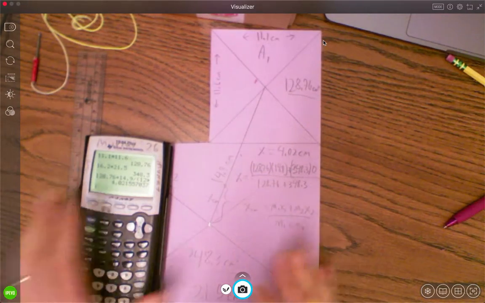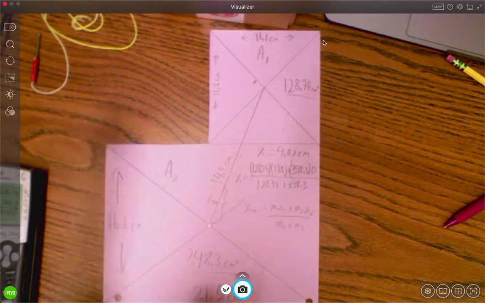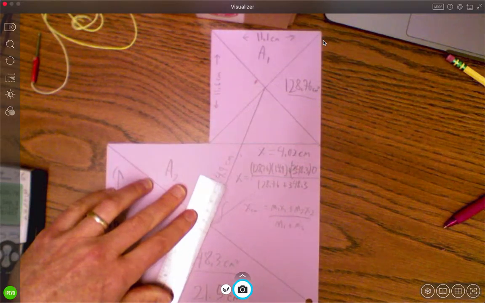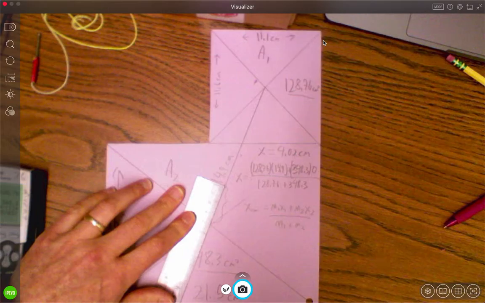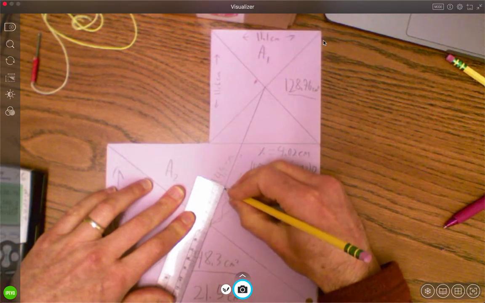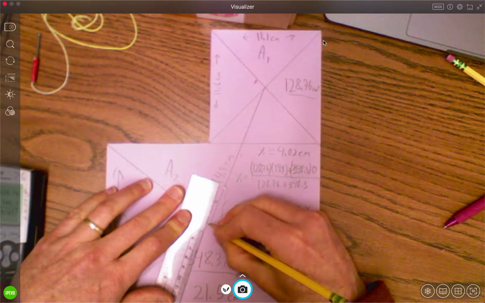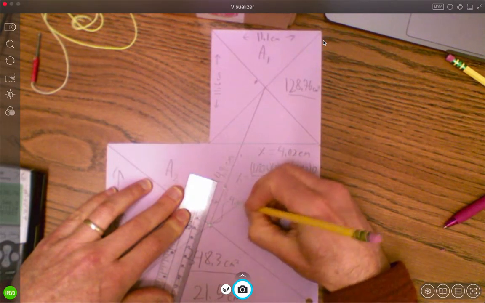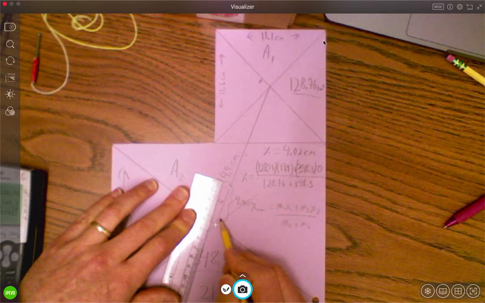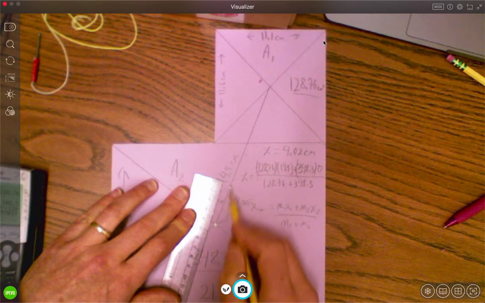Okay, now this is the most important step of all. Okay, I'm going to measure where 4 centimeters is. Hey, look at that. I guessed pretty good, right? Measure this. This is 4 centimeters. That was close, right? Not quite exactly right. And write 4.02 centimeters. And make a little brackety thing so I know that you're talking about that little line segment right there.